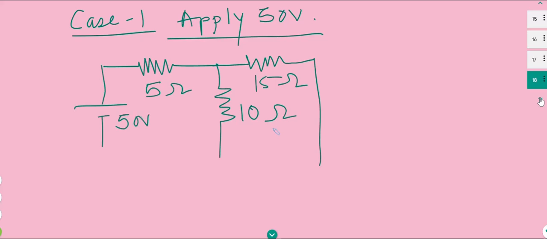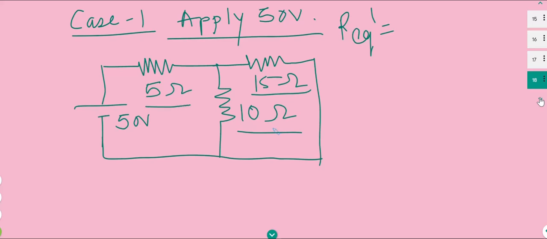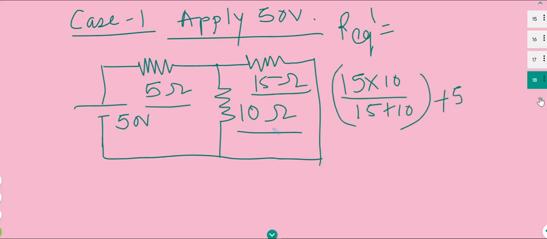Now first you will find R equivalent dash, that is 15 parallel with 10 in series with 5. So you can write 15 into 10 divided by 15 plus 10, plus 5 in series. So you will get the answer 11 ohm.